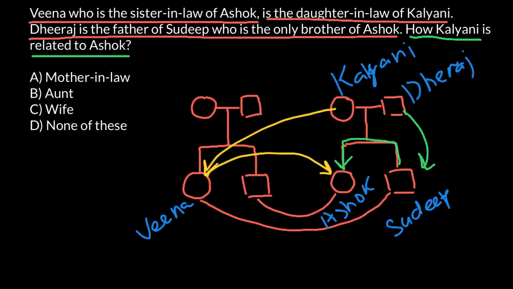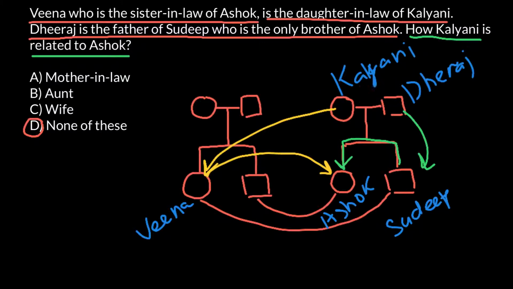We don't see such an answer here, so we reviewed three possible variants that explain the relationship in these families, and none of these variants has the answer. So we have to choose answer D. None of this explains the relationship between Kalani and Ashok.